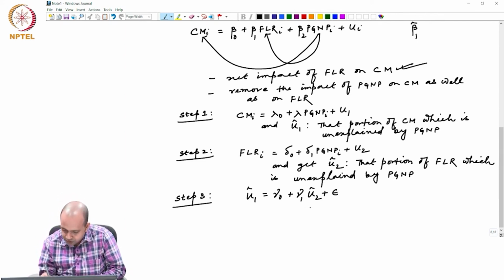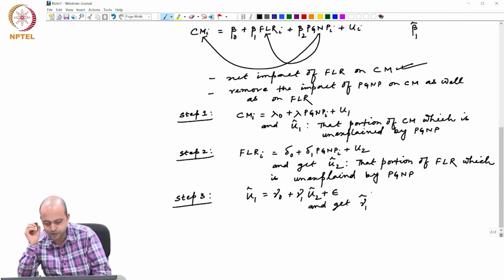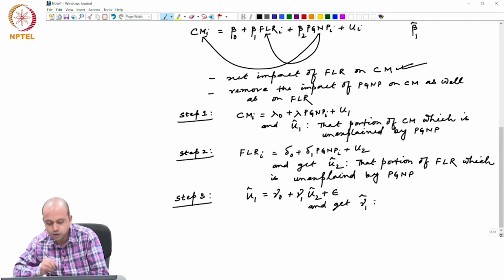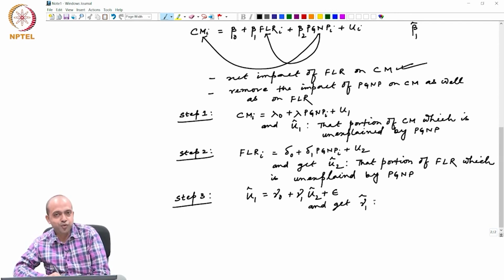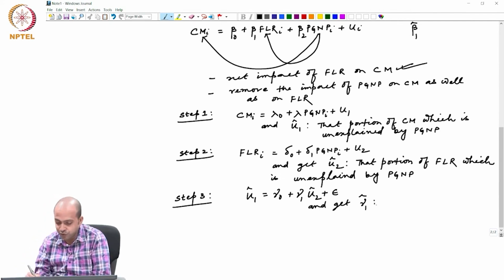And from this regression what we will get? We will get let us say gamma 1 hat. Now, what would be the interpretation of this gamma 1 hat? Gamma 1 hat basically indicates for a unit change in u2 hat, on an average u1 hat changes by gamma 1 hat amount.